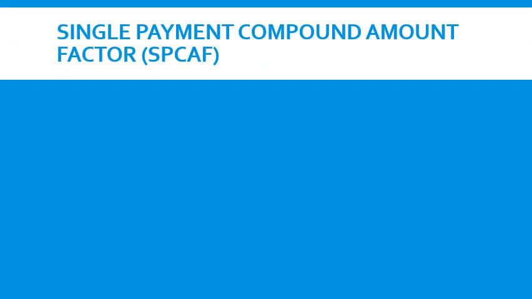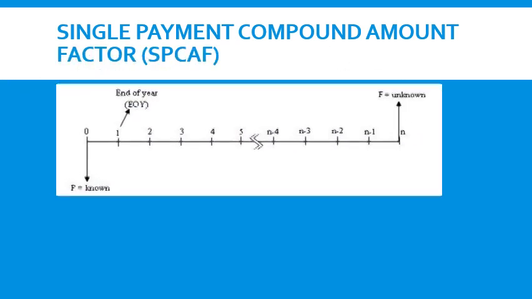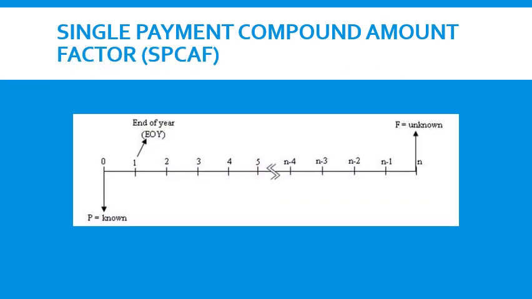The first factor is the single payment compound amount factor. Single payment compound amount factor will give the compounded amount of a known single amount that is paid today.